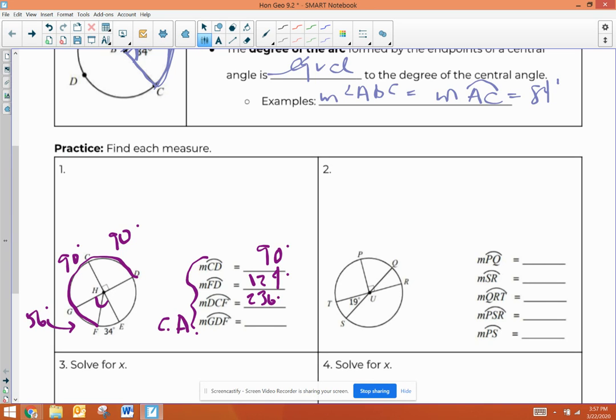And then measure of arc GDF. What are we going with that?